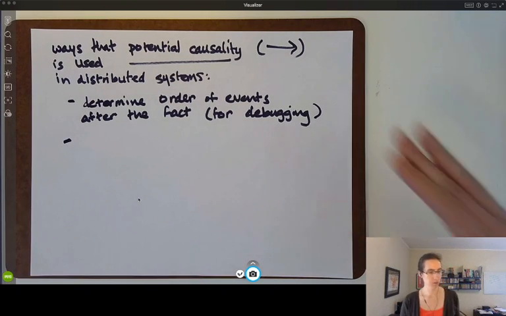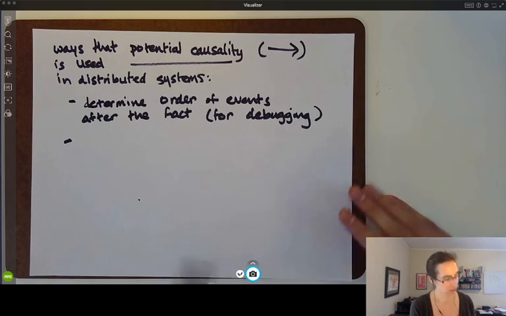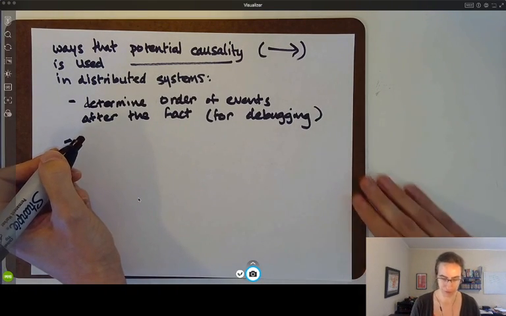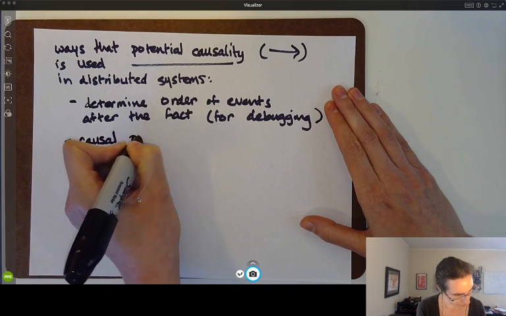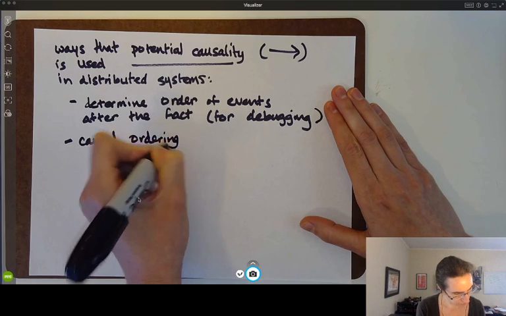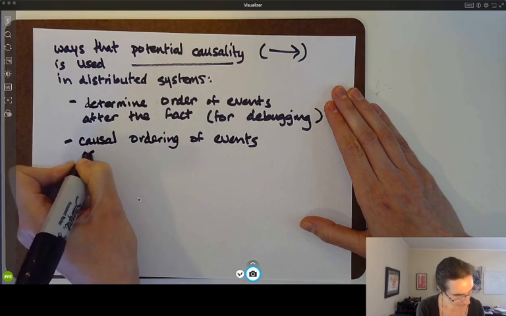And then we can also use vector clocks or this notion of happens before live while an algorithm is running to do things like causal broadcast. So I'll just say causal ordering of events as they're happening.